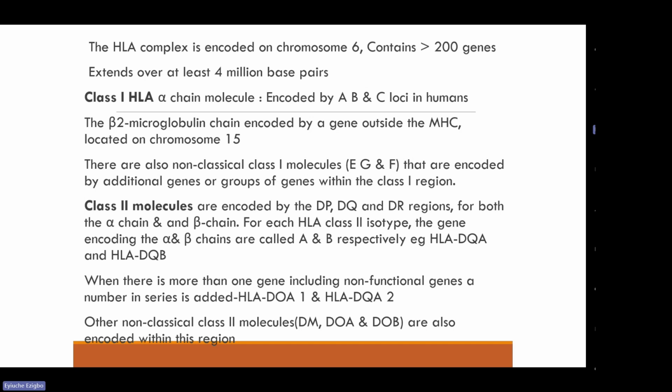When there is more than one gene, including non-functional genes, a number in series is added. We'll see all these things later. You will understand it later, but just keep following me. Other non-classical class 2 molecules are also encoded within this region.